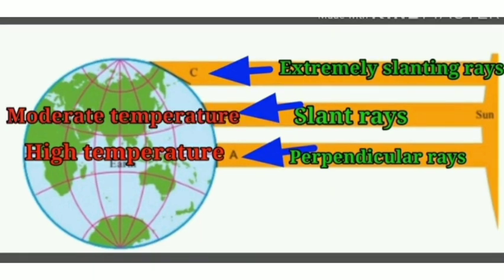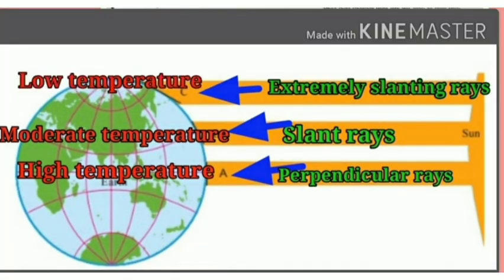Whereas the region above 23 degrees 30 minutes north and south receives moderate sun heat due to the slant sun rays and therefore it is called the temperate zone. And towards the polar region, due to the curvature of the earth, the sun rays are very slant and therefore it receives very little heat, and therefore it is called what? The polar zone, or you can even call it the frigid zone.